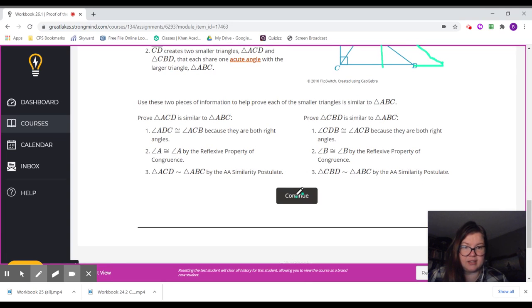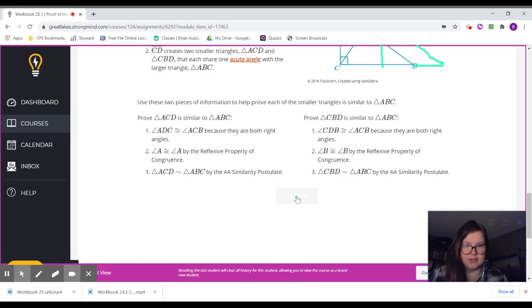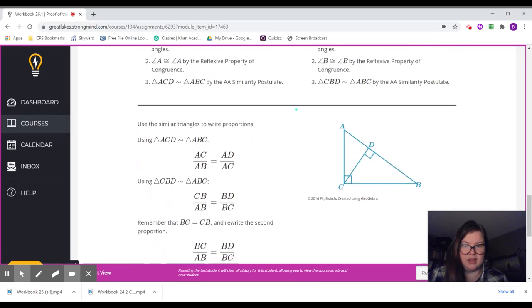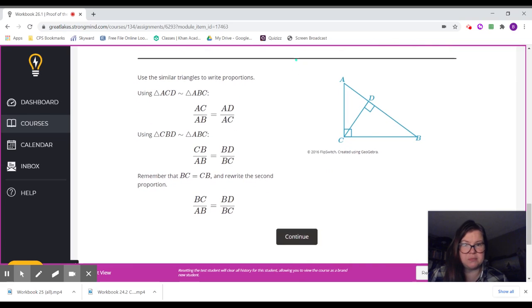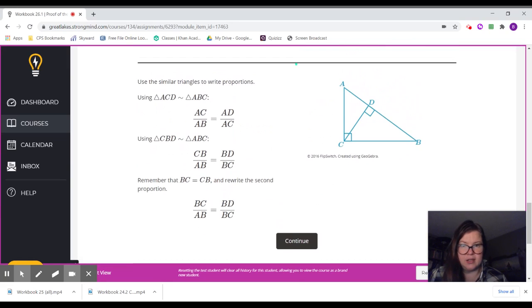And then they say, since those two are similar, then we have these proportions. So it's all about proportions basically. And so let me just walk you through this. AC is the long side of the small triangle, or you could say it's the short side of the big triangle.